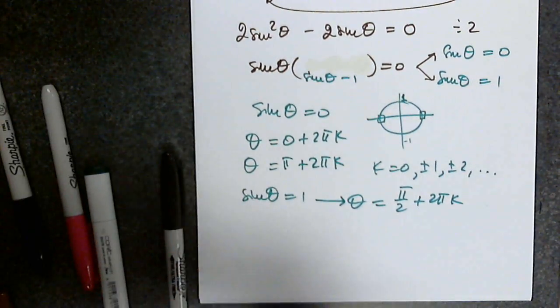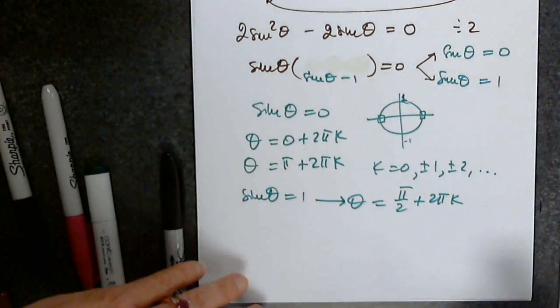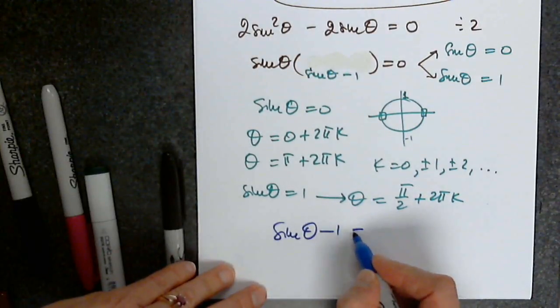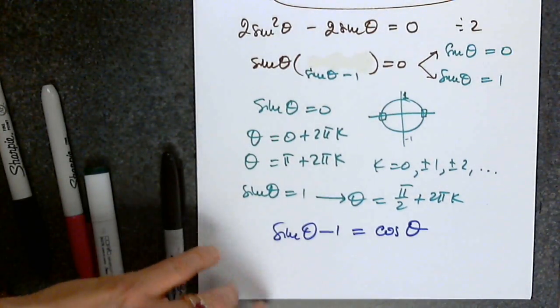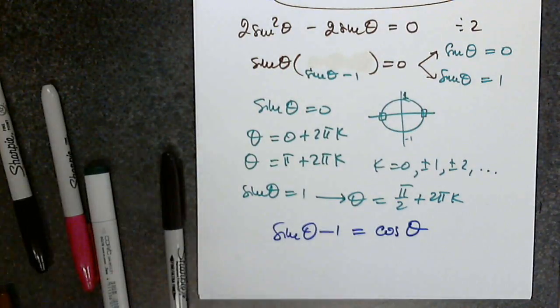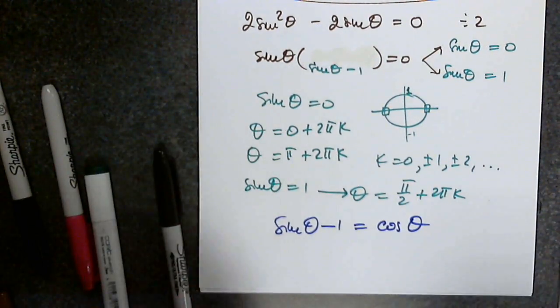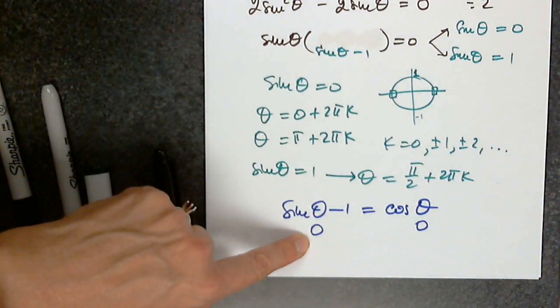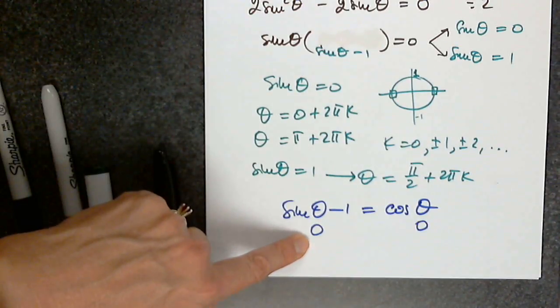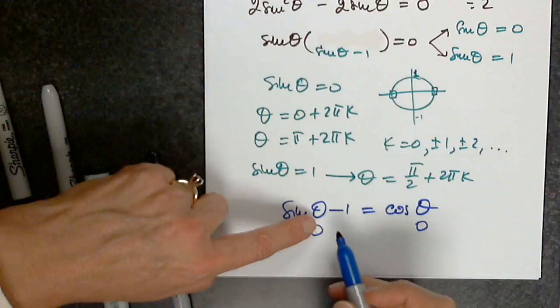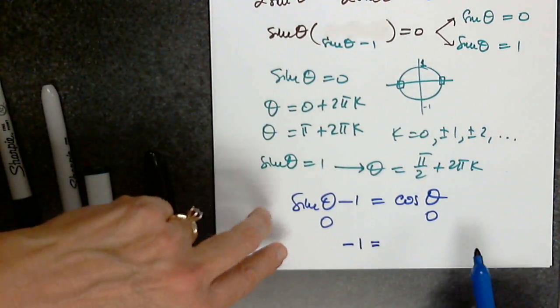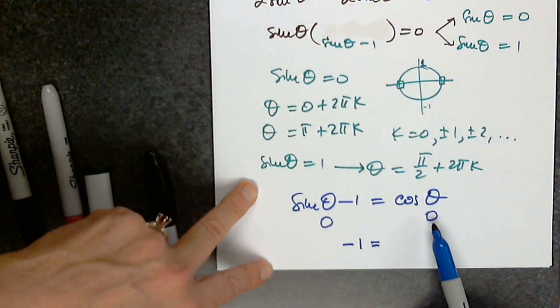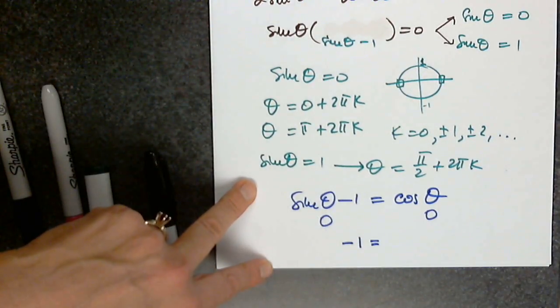Back to the original problem, which was sine theta minus 1 equals cosine theta. We are checking three numbers. I'm checking 0. How much is sine 0? 0, because sine is measured on the y-axis. 0 minus 1, the left-hand side is negative 1. How much is cosine 0? Cosine is measured on the x-axis.